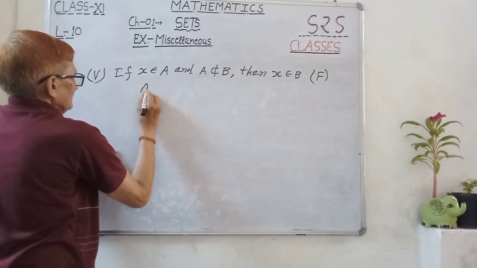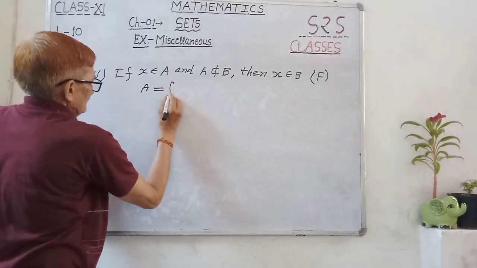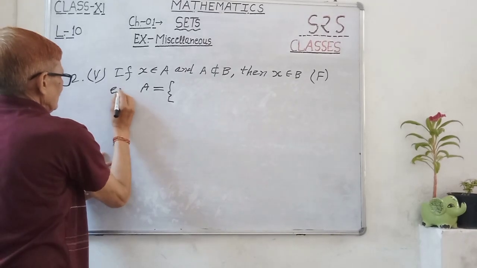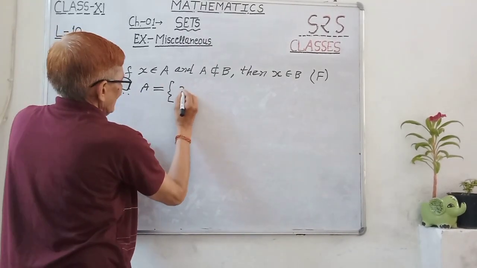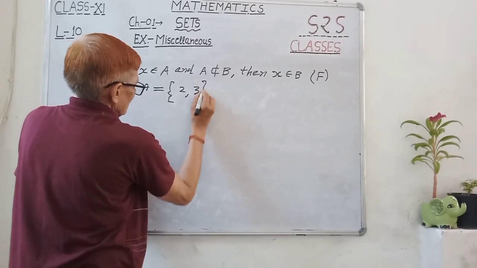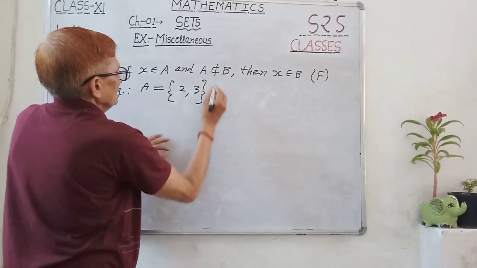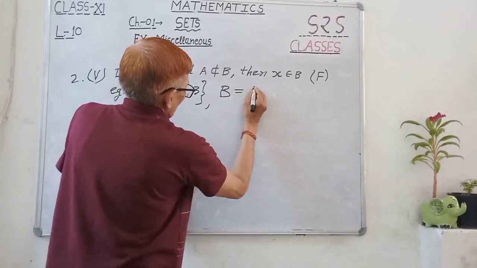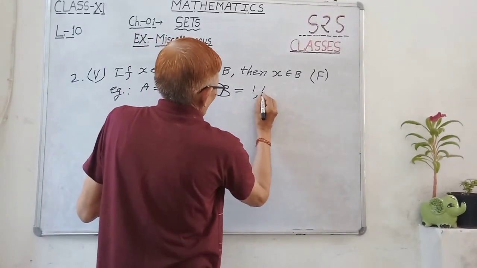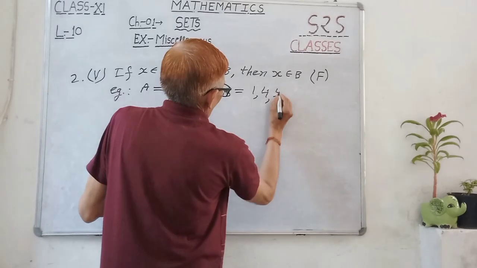Example: let set A equal to {2, 3}, set B equal to {1, 4, 5}.